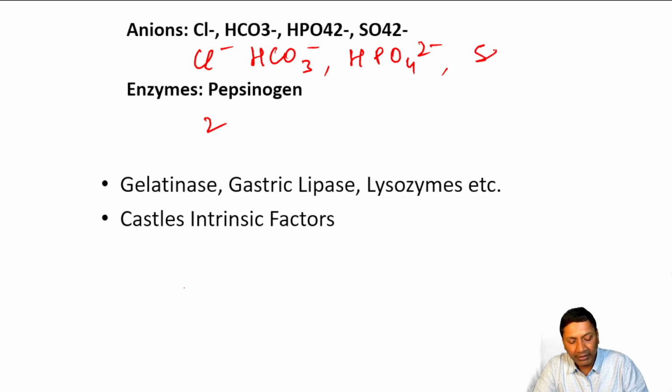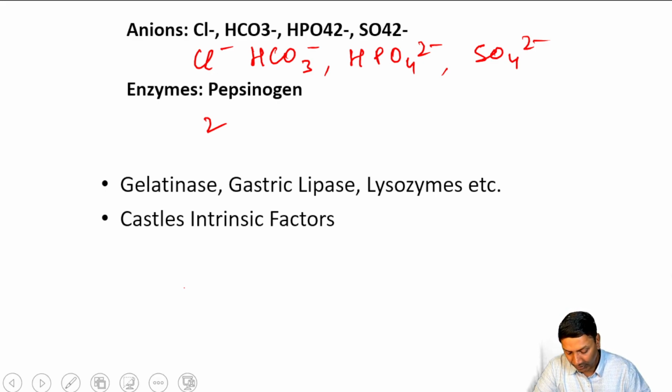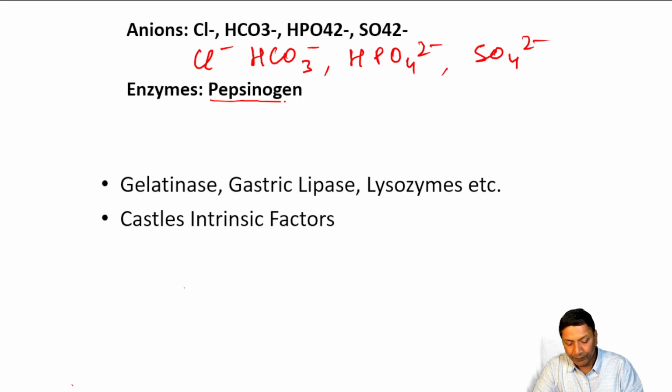These are the various anions present in the gastric juice. Then what are the enzymes present in the gastric juice? They are pepsinogen, gelatinase, gastric lipase, and lysozymes.